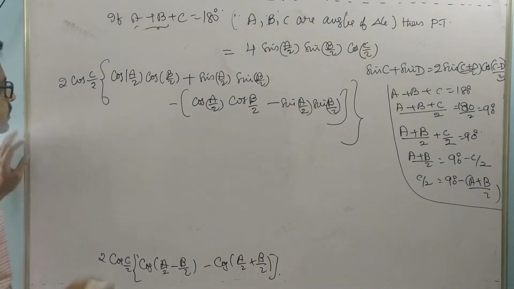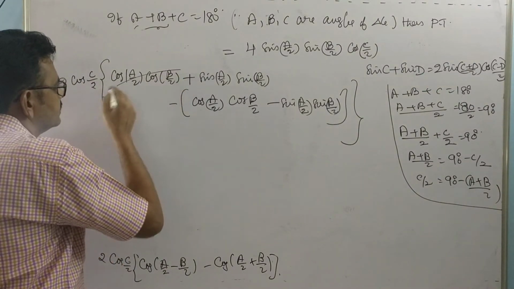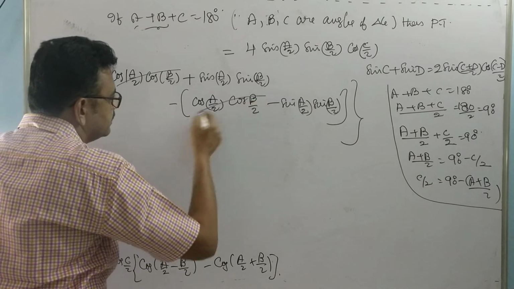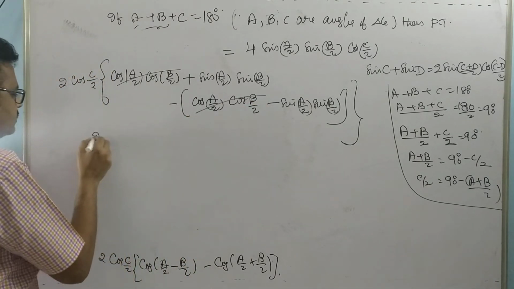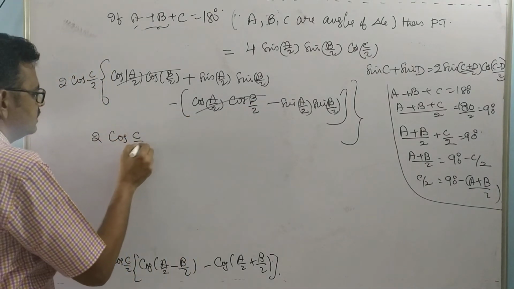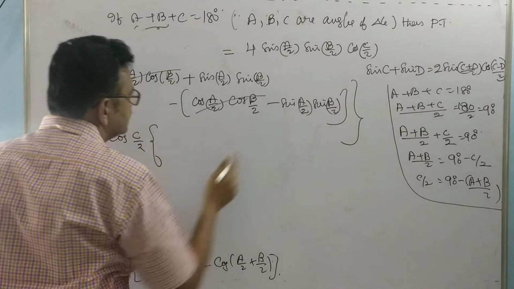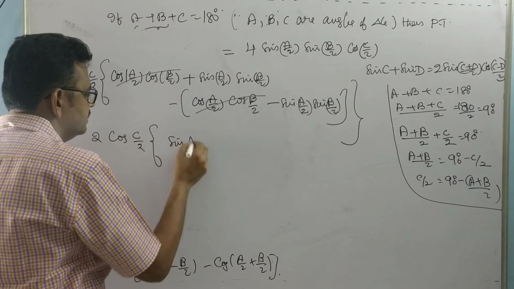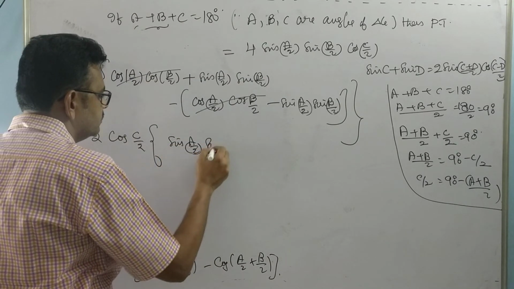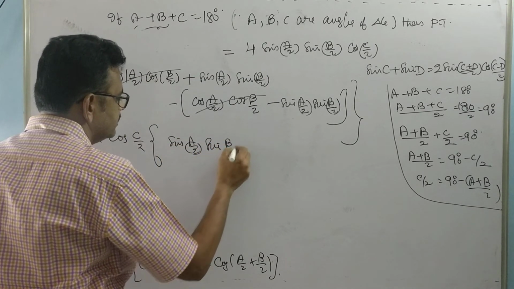Okay, so cos A by 2 cos B by 2 gets cancelled. So this is 2 cos C by 2 into, minus of minus, that is plus, sin A by 2 into sin B by 2.